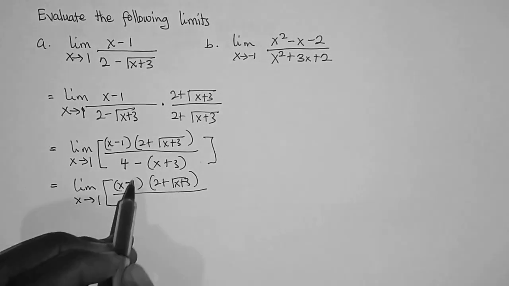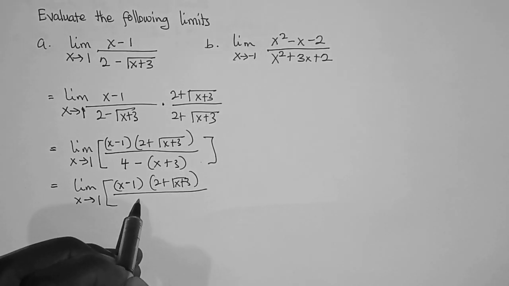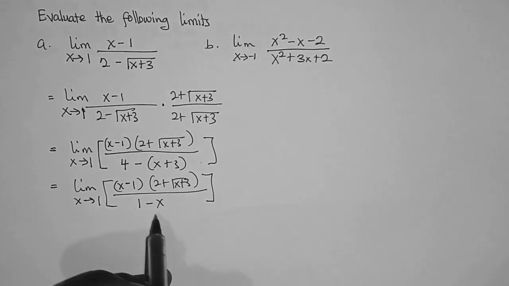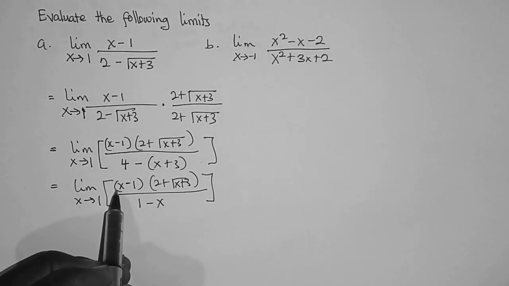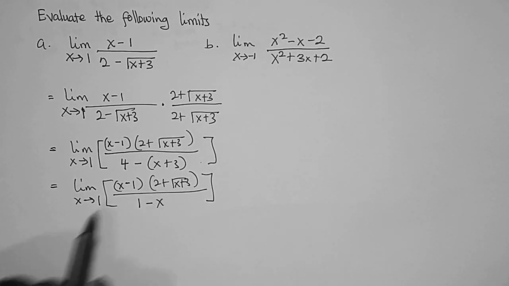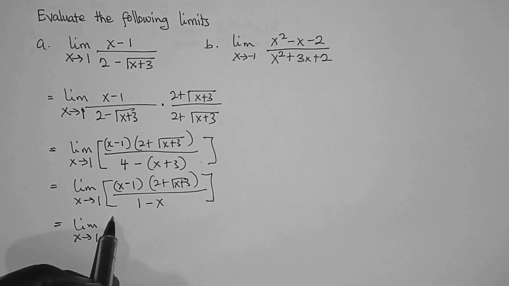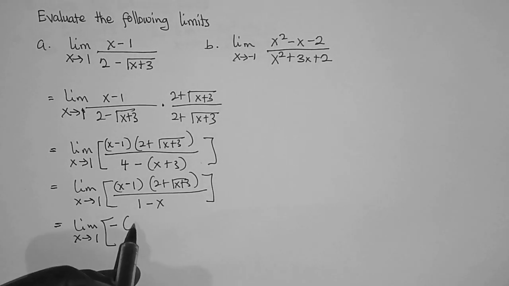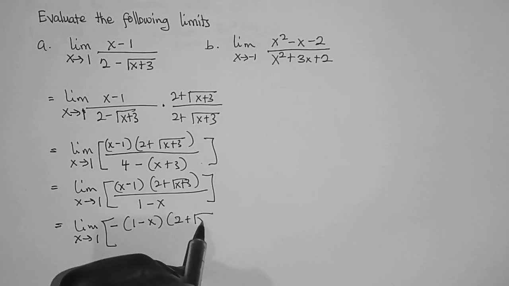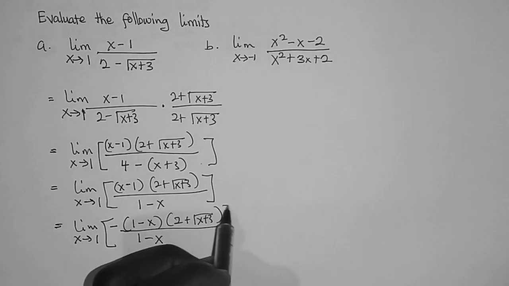If you open this bracket, it becomes 4 minus x minus 3, and 4 minus 3 is 1, so here becomes 1 minus x. You can see that here is x minus 1 and here is 1 minus x, so we need to factorize minus 1 out so that we can write this as 1 minus x. So this is equal to limit as x approaches 1 of minus (1 minus x) times (2 plus root of x plus 3) divided by (1 minus x).